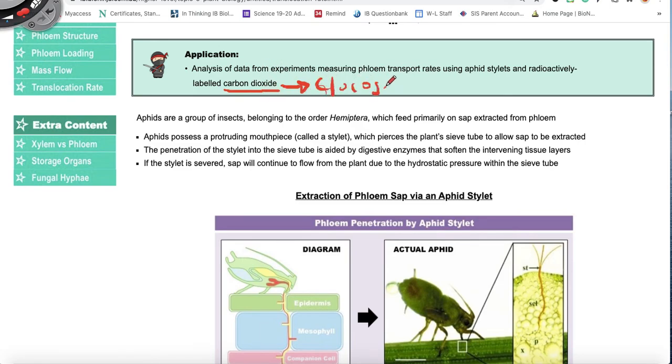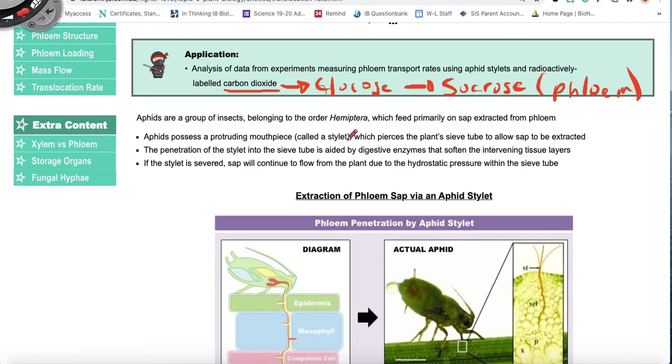And then we know that those glucose are going to turn into sucrose, and this is going to be the phloem in conjunction with a little bit of water that is going to be carried in the plants. So if you want to know how much of the sucrose in the form of phloem is traveling throughout the plant, then you're going to want to radioactively label the carbon dioxide.